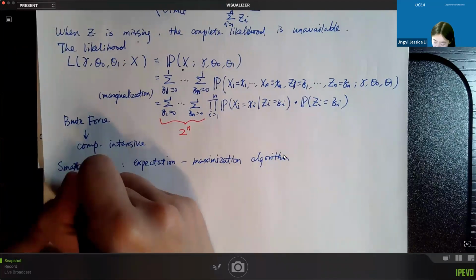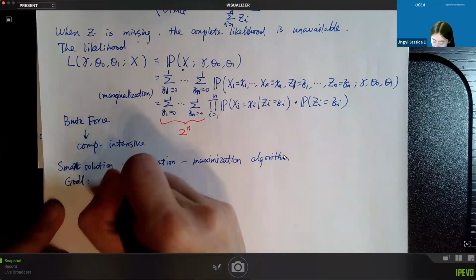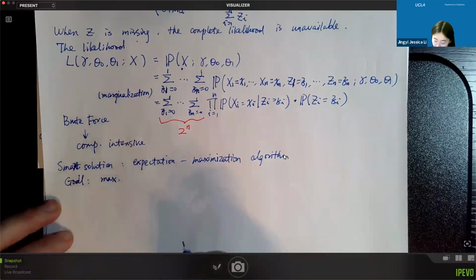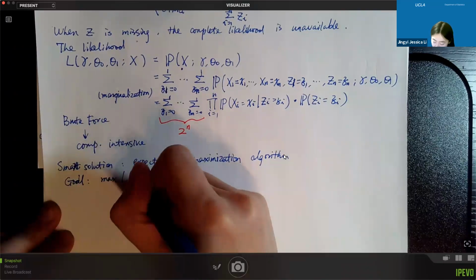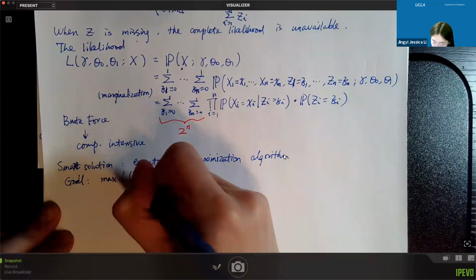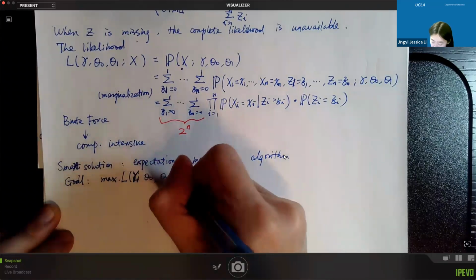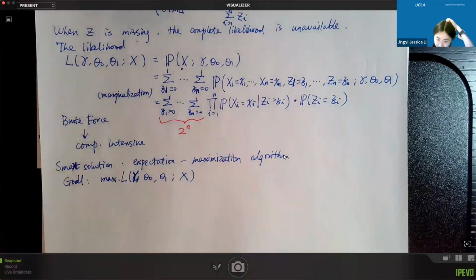So the goal is to maximize gamma, theta 0, theta 1 given X. Okay, the same goal for MLE. So what do we do? Let me introduce what we do in the EM algorithm first, then we'll try to justify why it will work.